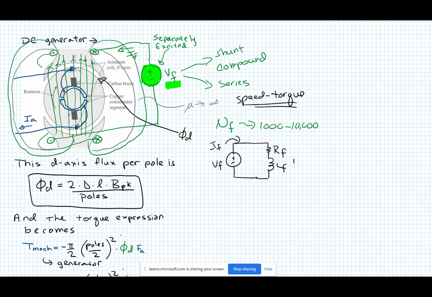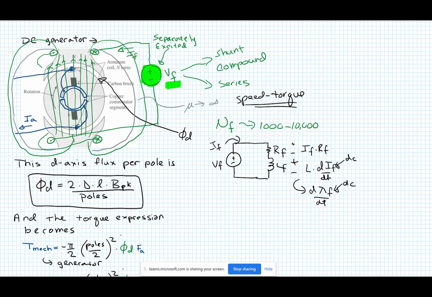So what is the voltage drop across this and across this? The voltage drop across this would be IF times RF. But the voltage drop across this is L dIF dt, right? That comes from d lambda F dt. But this is DC, right?